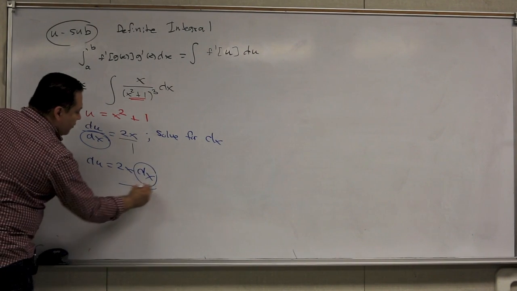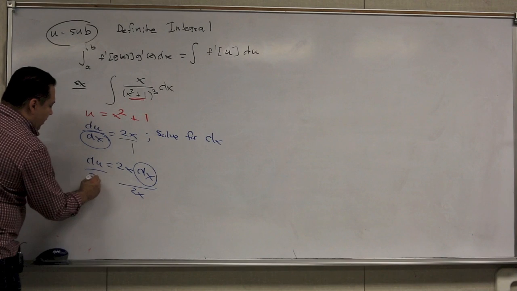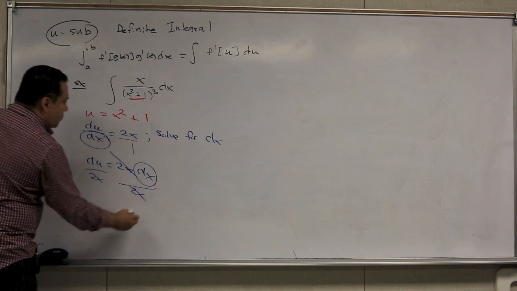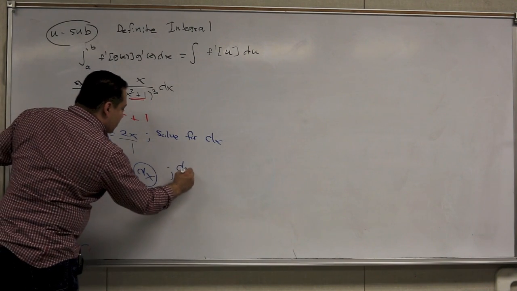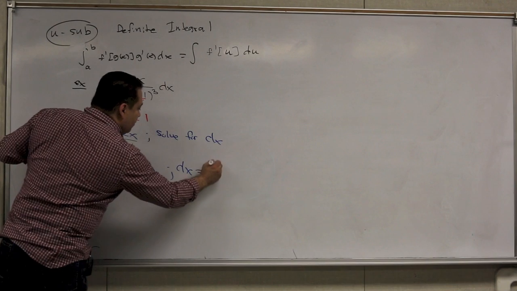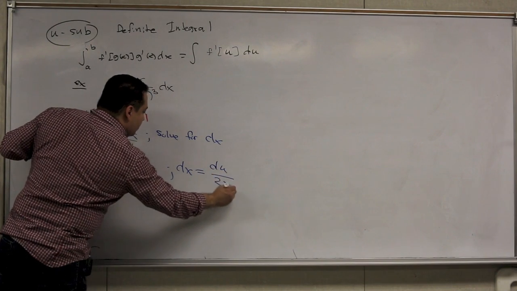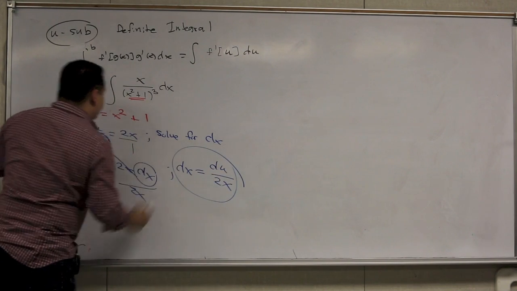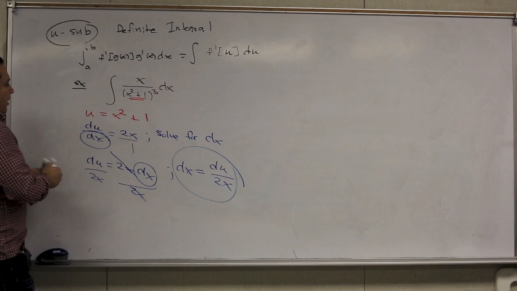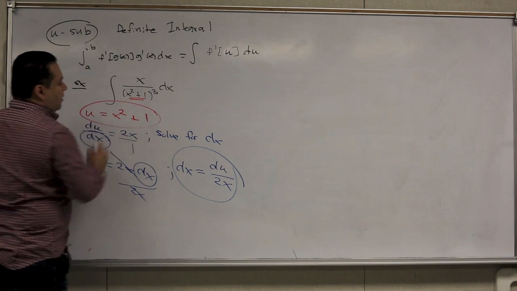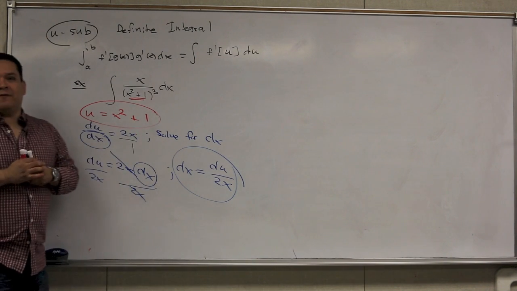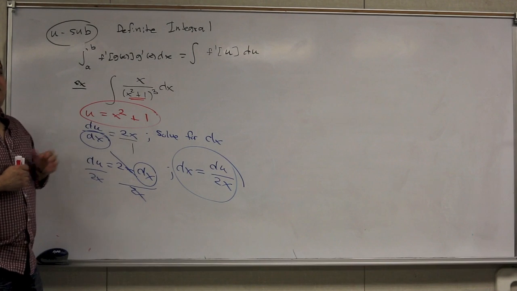We have to now divide both sides by 2x. 2x cancels. So your dx will be du over 2x. So we're going to use this. Okay, so this is the first part of your u substitution.